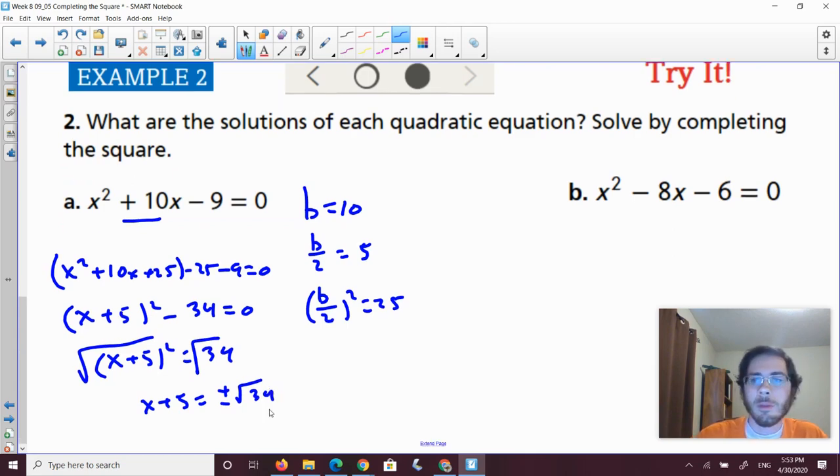Need a little bit more space. x equals negative 5 plus or minus the square root of 34. It's cool. You get an exact answer, so you don't have to use those decimals. I like it. I think it's fun.